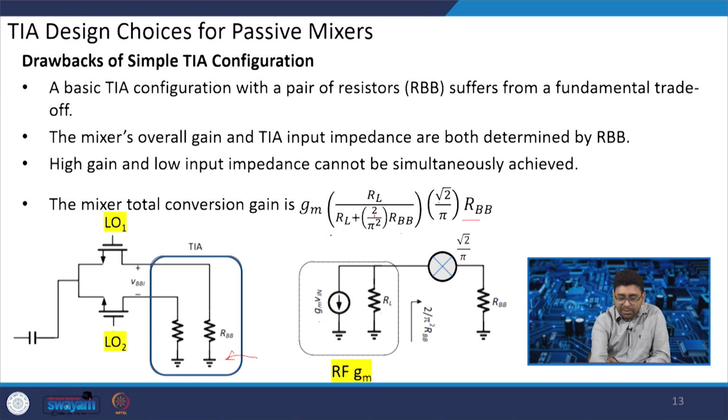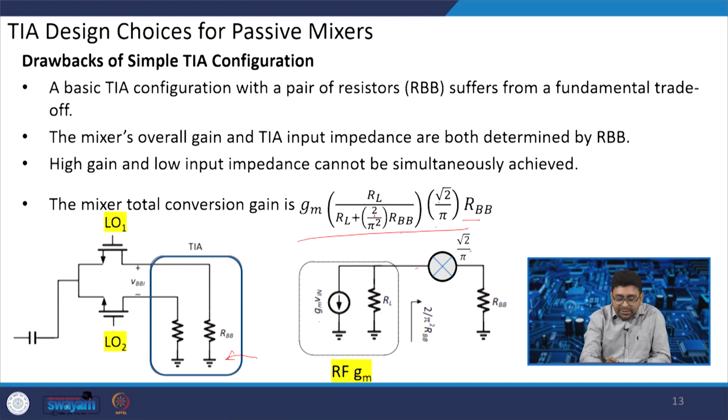So, this is the mixer total conversion gain which we can represent. This is 2 by pi square into RBB, and this mixer is adding the conversion gain of root 2 by pi, which we are seeing at the input side. At RBB, this is the impedance, and all will be multiplied with the current, that is GM into V in.